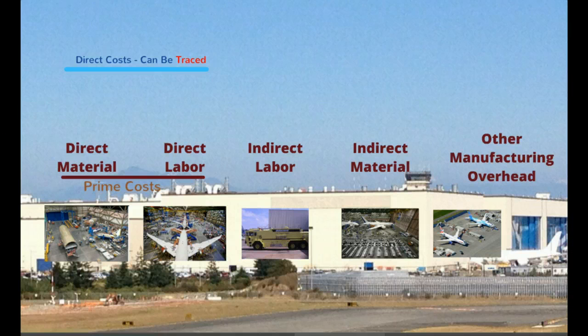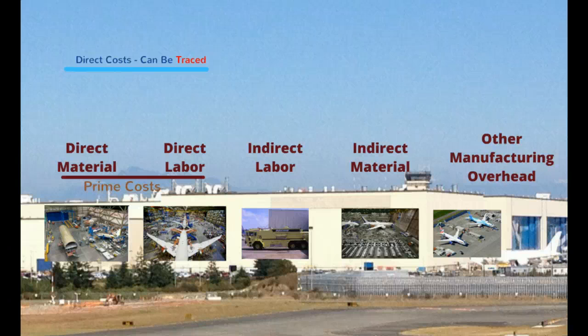They're costs that are not labor and are not material, but there are costs that are involved in supporting this manufacturing facility. So we have other manufacturing overhead, which primarily is going to involve depreciation of plant and equipment and taxes. So this is other manufacturing overhead, and again, these are costs which apply specifically to the manufacturing plant.